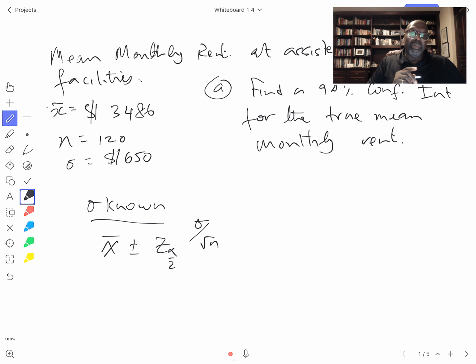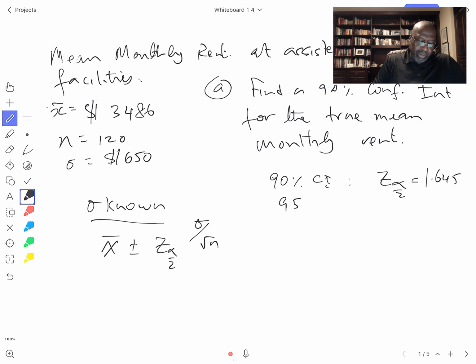Now we're told a 90% confidence interval, and there was a little table that I gave you before that said for 90% confidence interval, z alpha over 2 is 1.645.